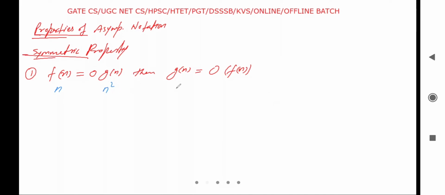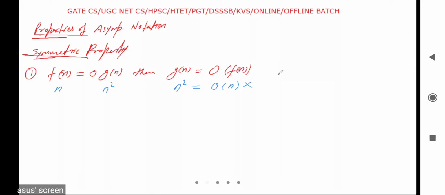Here g of n equals n square equals order of n. Is it true? No, it is false. It means in case of big O notation, it doesn't hold the symmetric property, or it is not closed under the symmetric property.